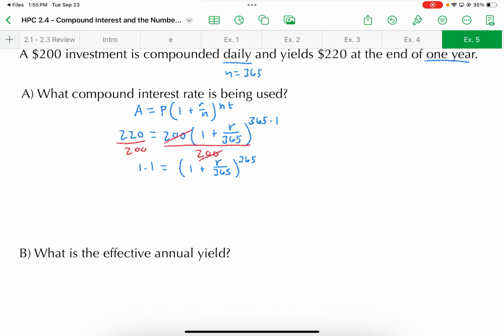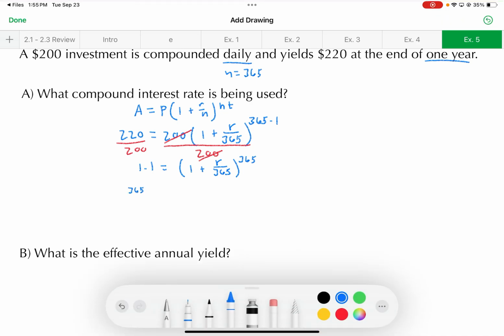Now, I think I should take the 365th root of each side to clear that power. Okay, then to solve for R, a couple things I could do, different orders. Maybe I subtract 1, then multiply by 365.